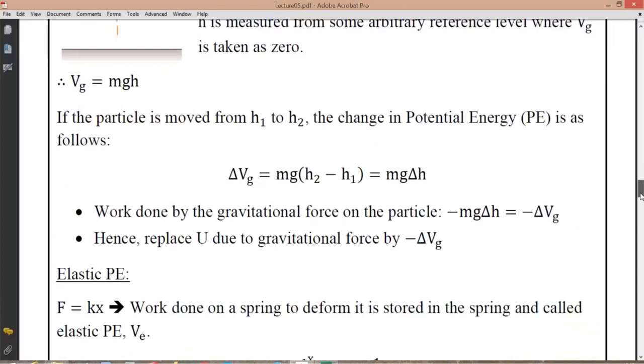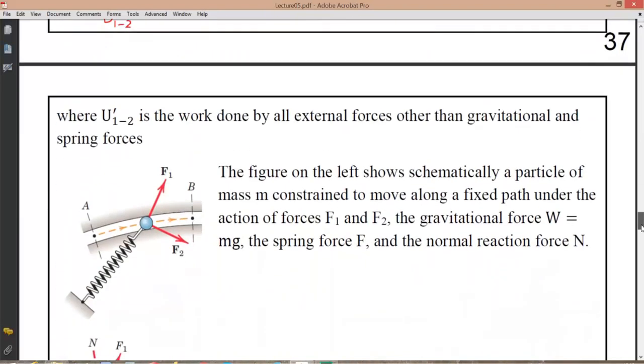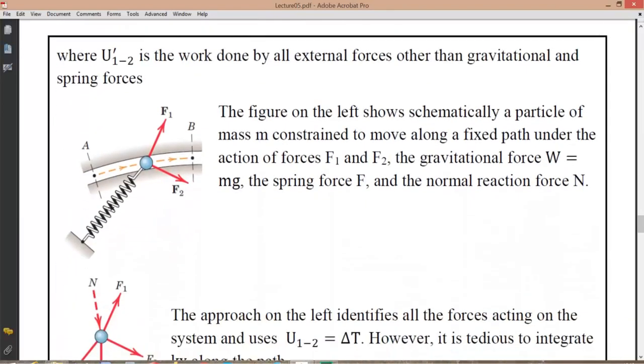It is a similar case for the spring here. For example, this particle attached to the spring will move from A to B, but all we're going to care about here is what was the extension at A and what was the extension of the spring at B, initial and final conditions. I don't really care about the path followed here.